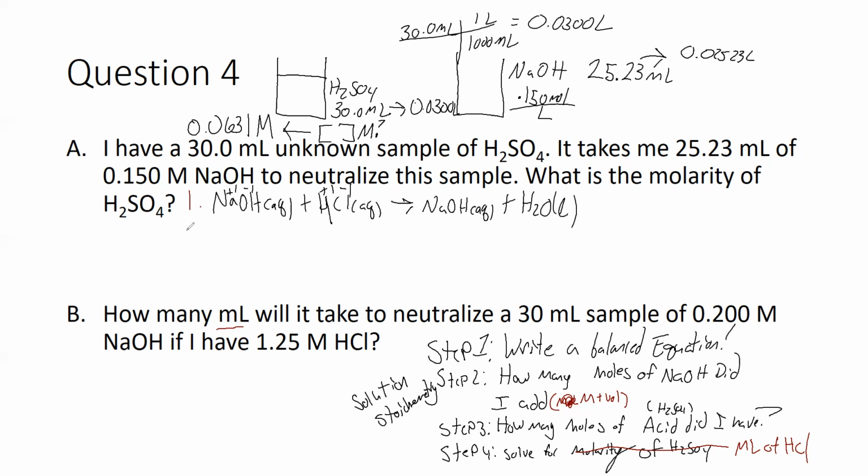Step 2. How many moles of NaOH did I add? Well, like I said, you can solve this if you're given a molarity and a volume, because molarity is just moles divided by liter. So I have 0.200 moles NaOH divided by 1 liter of NaOH.